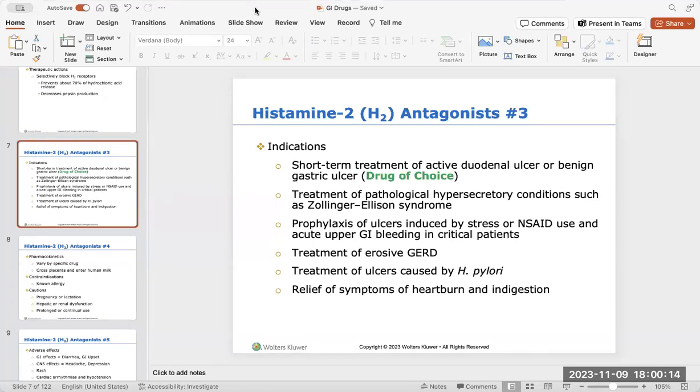Can also be used in GERD, ulcers caused by H. pylori, because GERD and H. pylori cause problems with that gastric acid, and these block gastric acid, and they relieve symptoms of heartburn and indigestion. That's one of the common reasons why someone might take an over-the-counter like famotidine, but they are the drug of choice to treat short-term treatment of active duodenal or gastric ulcers.